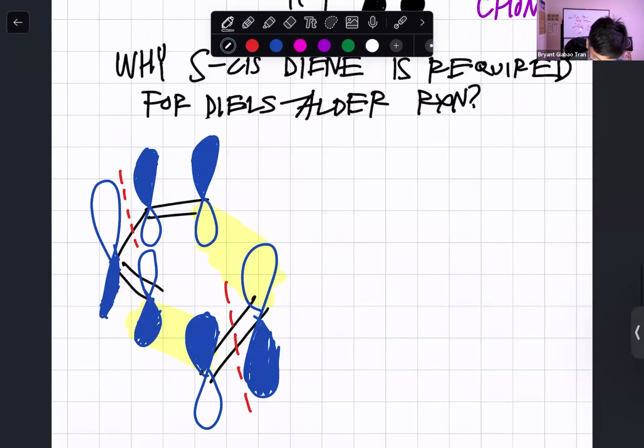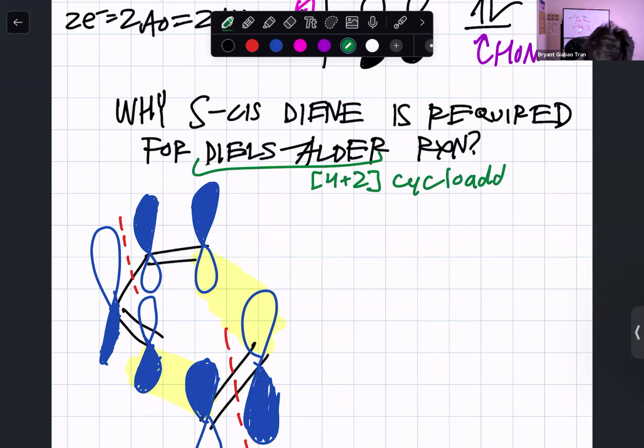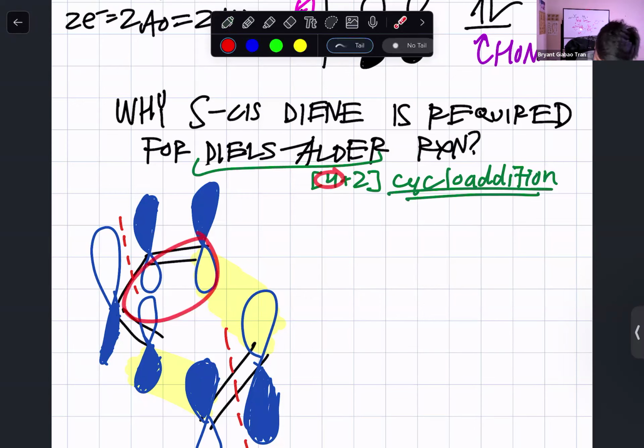Okay, so Diels-Alder is going to be considered a four plus two cycloaddition, or more generally, cycloaddition. Four coming from the diene, 4 electrons. Two coming from the dienophile, 2 electrons. More generally, cycloaddition, right?